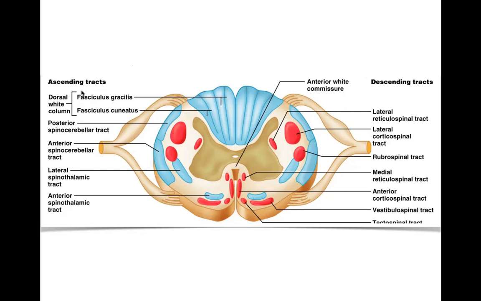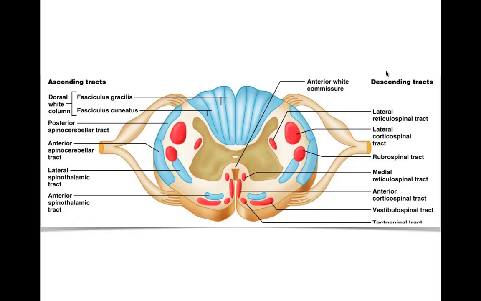This would include the fasciculus gracilis and fasciculus cuneatus, collectively known as the dorsal column, the posterior spinocerebellar tract, the anterior spinocerebellar tract, the lateral spinothalamic tract, and the anterior spinothalamic tract.